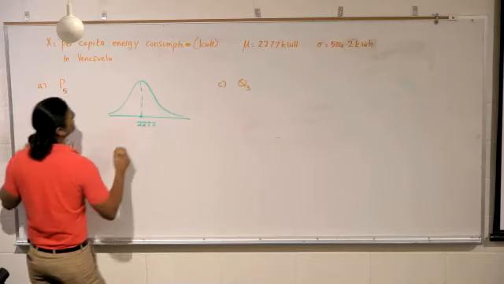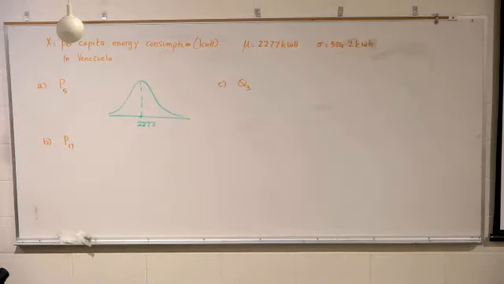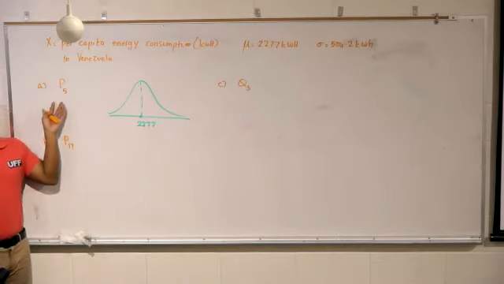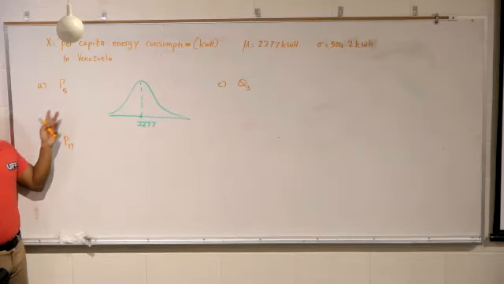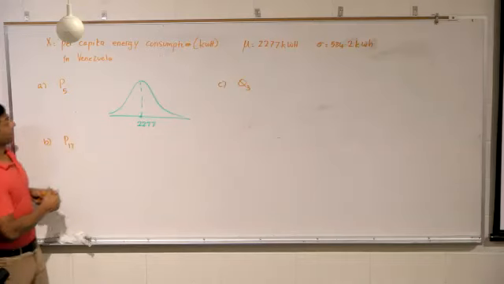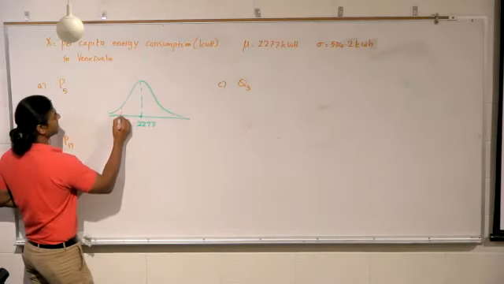The mean is 2,277, and we want to find P5, correct? P5 simply means 5% is below whatever number you're about to take.